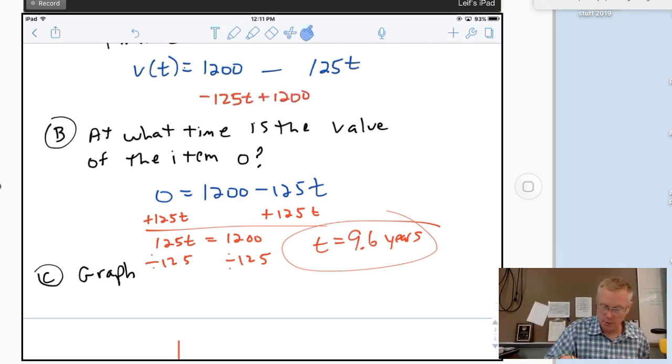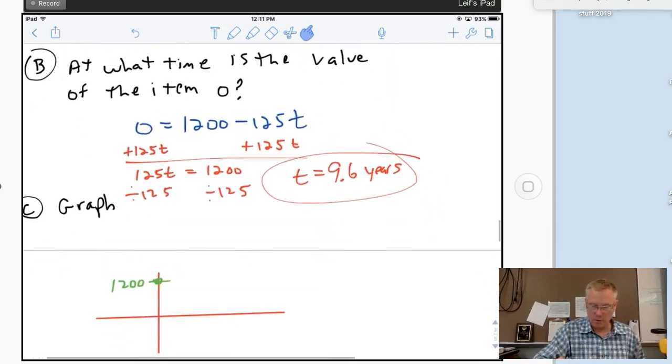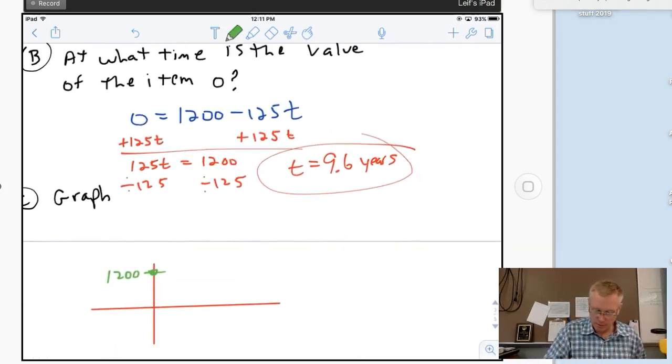Means the y-intercept is 1200. Put that right up here. See how perfect I'm going to be on this graph. Here's 1200. And the x-intercept will be what you get when you plug in 0 for y, which we already did, which is down here at 9.6. And there's my linear equation going right through there. Okay, there's your graph. All right.